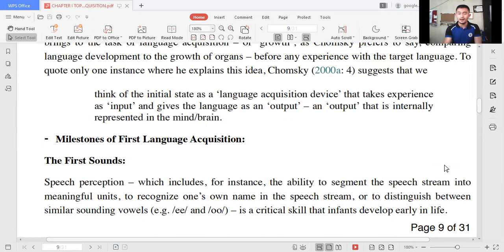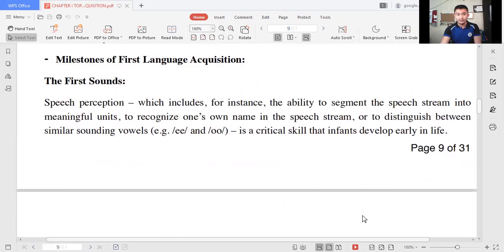That's part of the milestone in first language acquisition, or to distinguish between similar sounding vowels. These are very critical skills that infants develop in early stages of life.